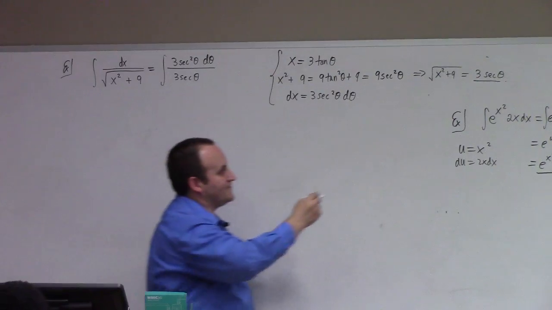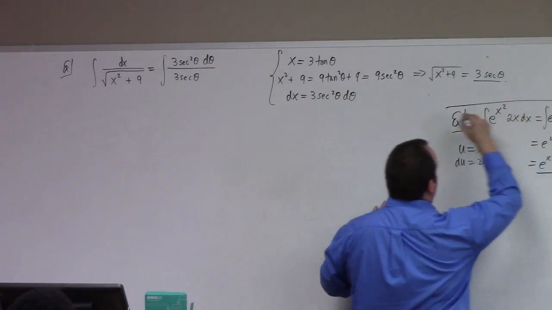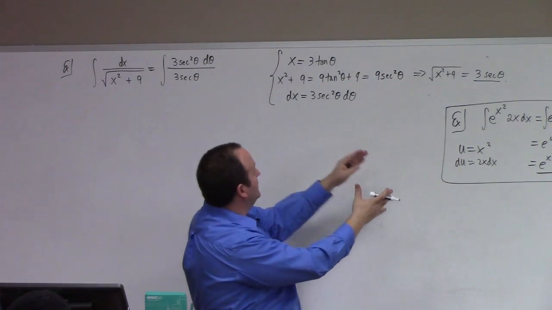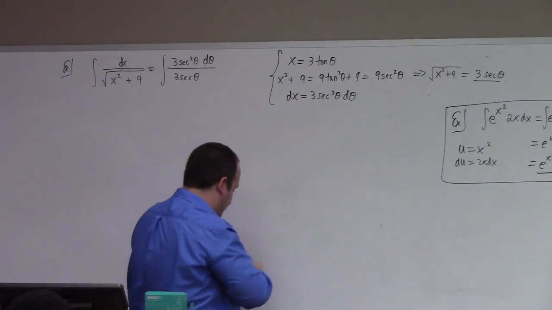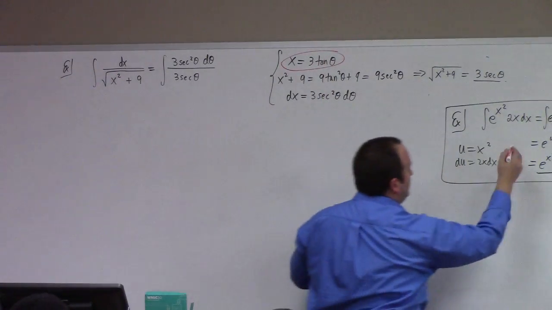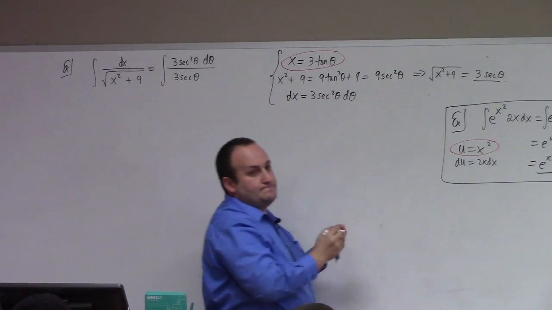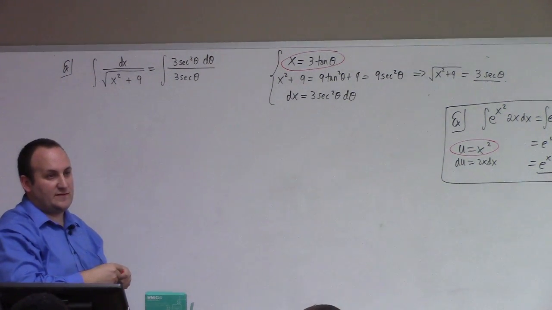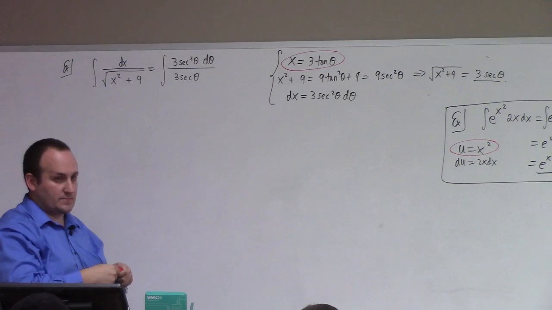But this is u substitution. What's the difference between this kind of substitution and that kind of substitution? What's the substituted variable here? What's the substituted variable in u substitution?